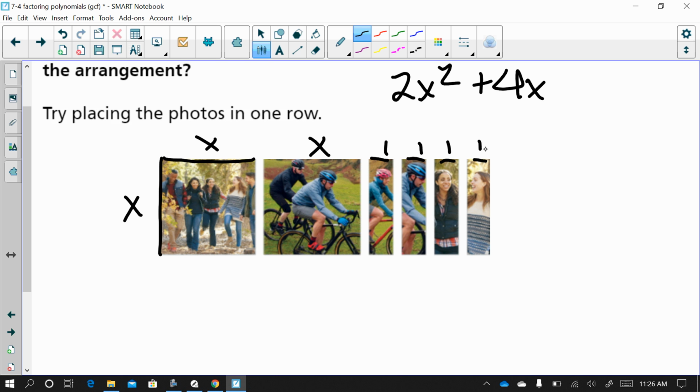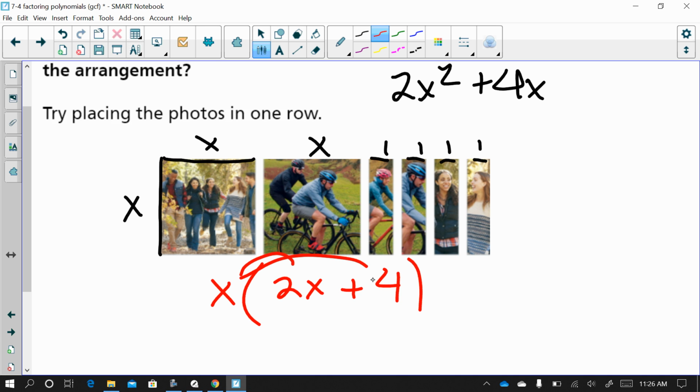So really, I can break down this 2x squared plus 4x into length times width. My length here is x times, how many x's here? 1, 2, and then a 4. Okay, does that make sense? Yeah, exactly. If I go back through it, that becomes 2x squared plus 4x. So this is one way you can factor. However, is this the greatest way to find it?